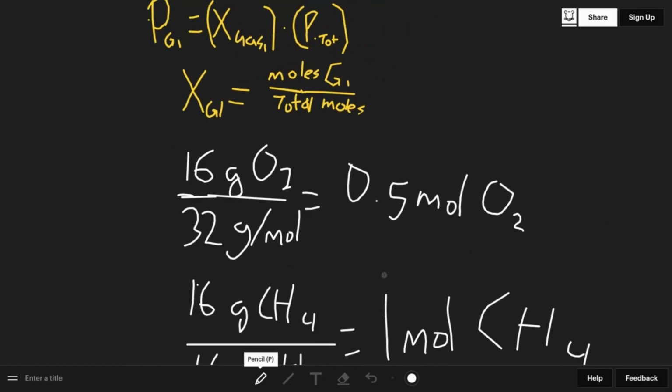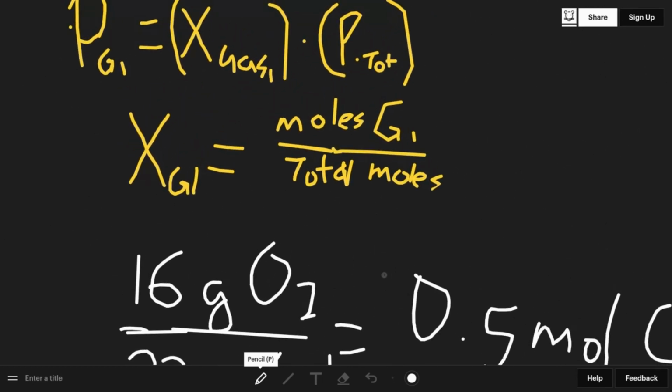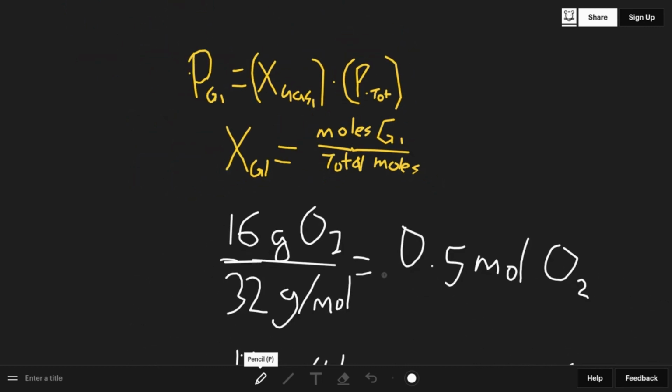So that is one of the things that we wanted, because we want to go back to this and use it for the methane gas. So let's go down.